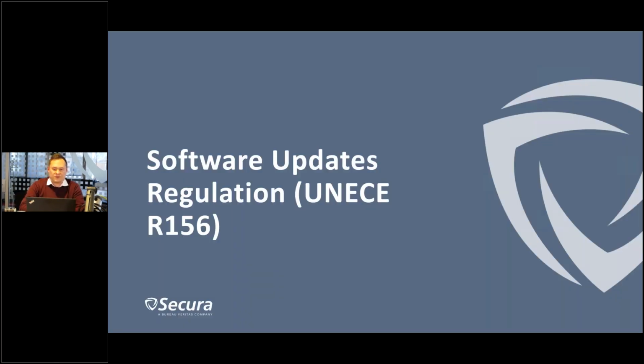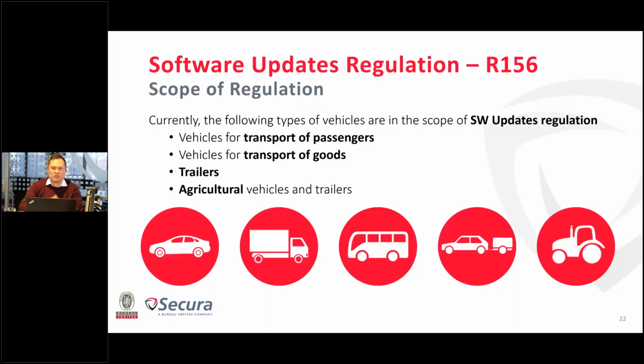That was at a very high level a bit about the R155 regulation. Now let's move our attention towards regulation 156, the software updates regulation. And the good part is that once we go through the next few slides, we'll notice that there are quite a few similarities, at least in the structure and in the intention of the regulation. First, to start with the scope, we do see a bit of an overlap here, but also a bit of a difference.